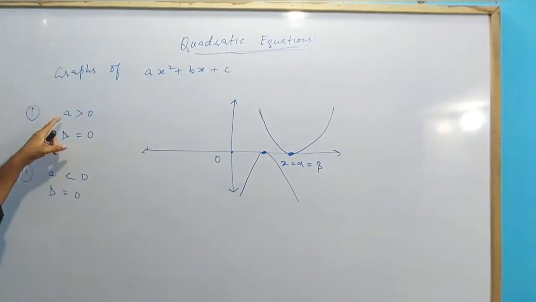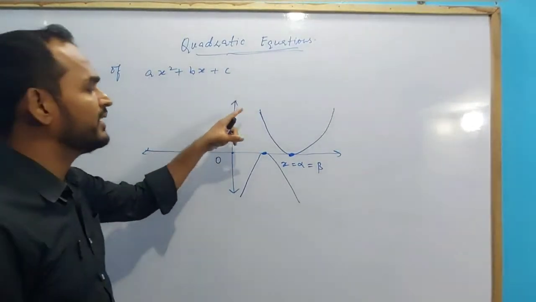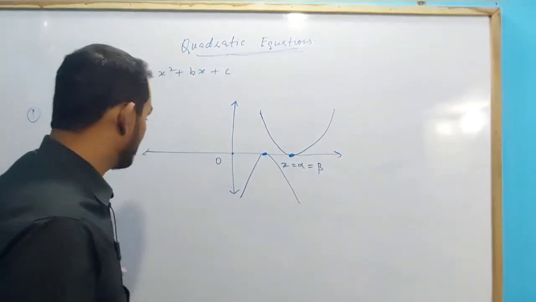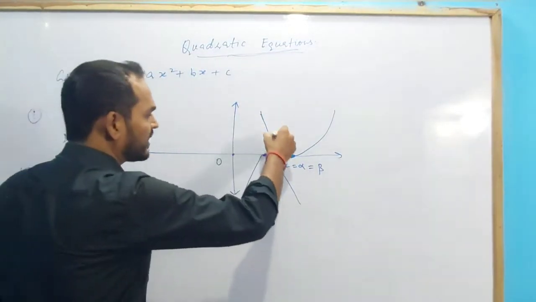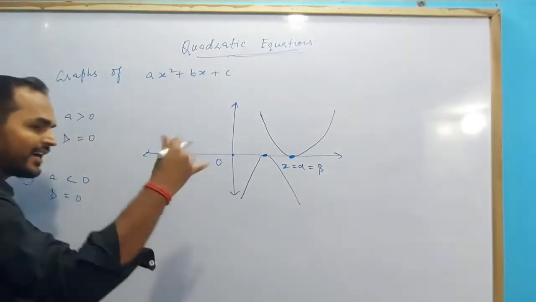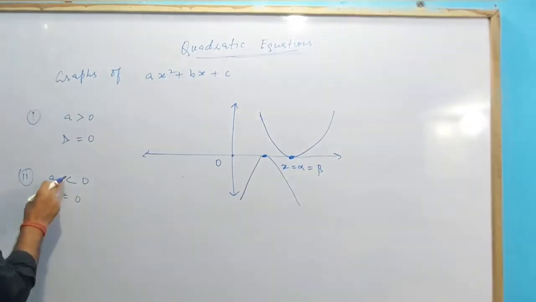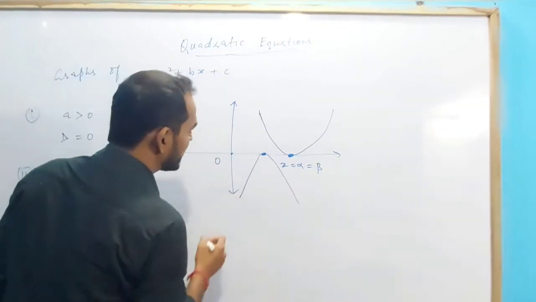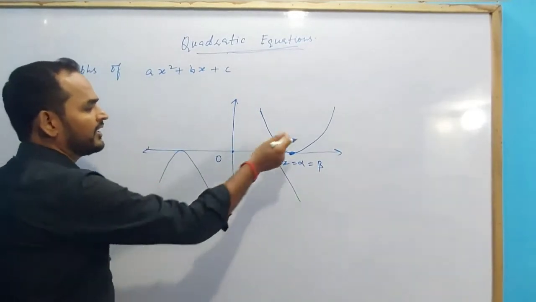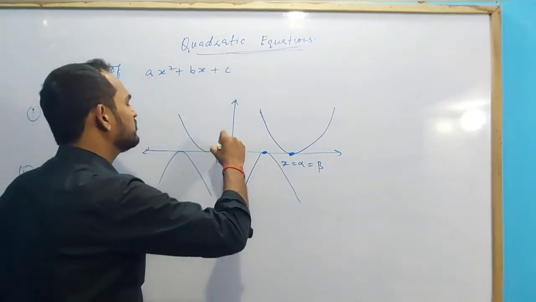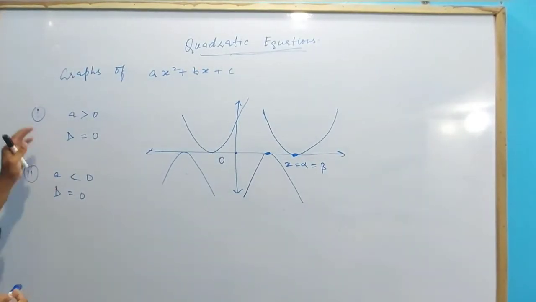And whenever a is greater than 0, the graph will be upward parabolic. With D equal to 0 it touches the x-axis at some point, and it can touch like this also. There is no problem in it. So this case you have understood.